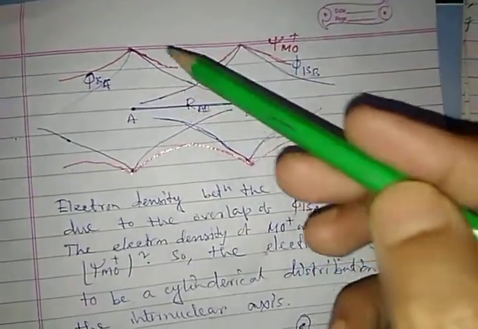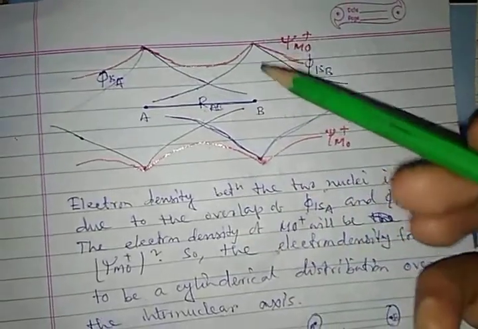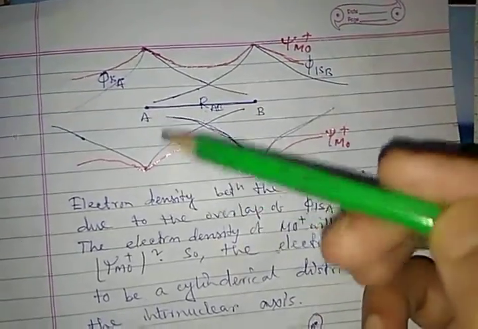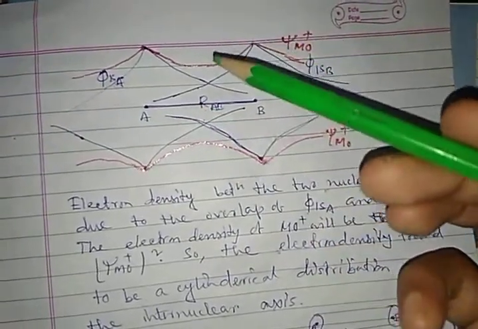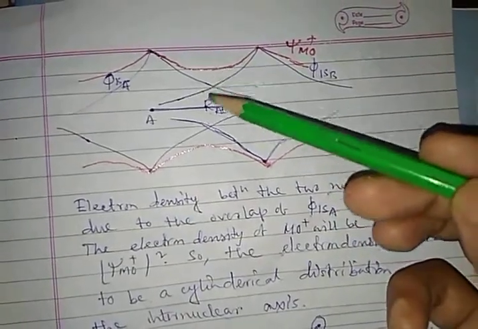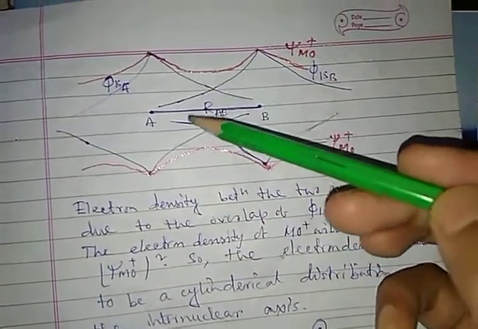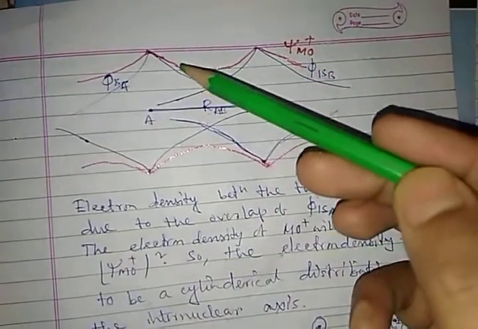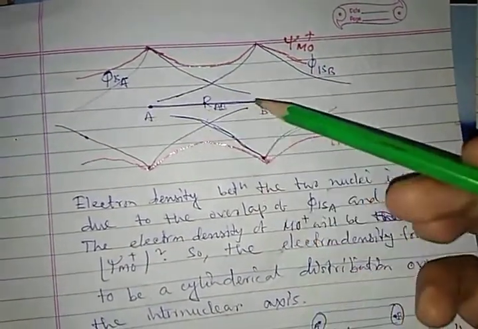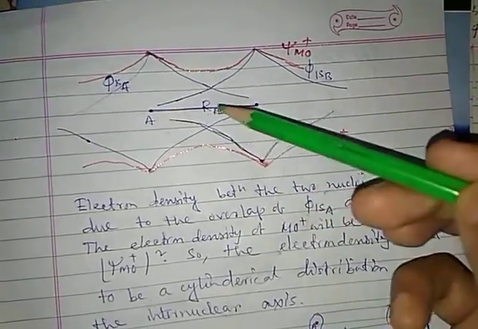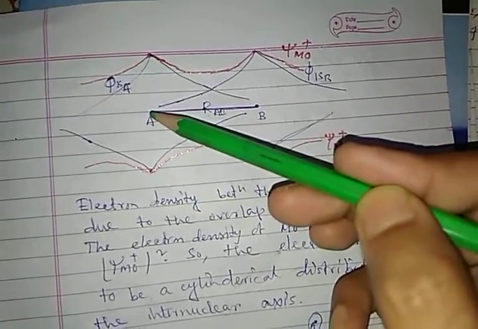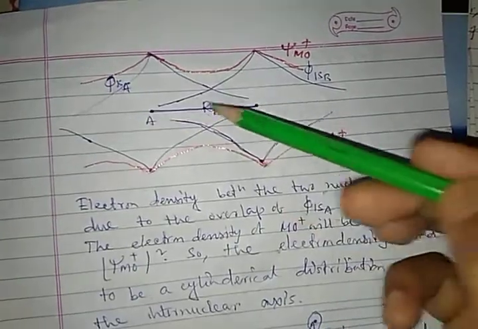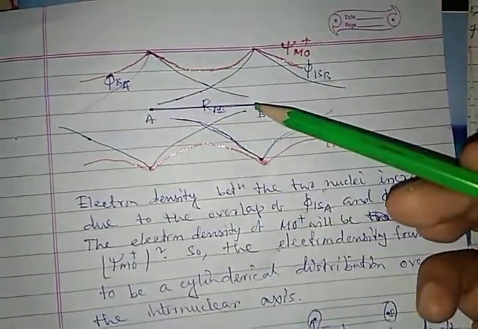So what will happen if I square this term? Everything looks similar, but the magnitude will increase. Again we notice that the electron density for psi MO plus is higher in between the positions of nucleus A and nucleus B, along the internuclear distance.